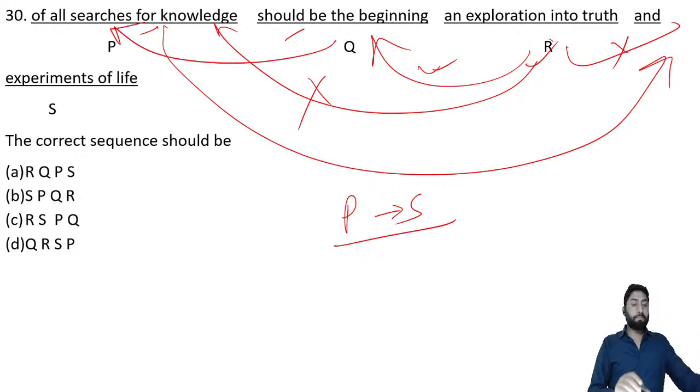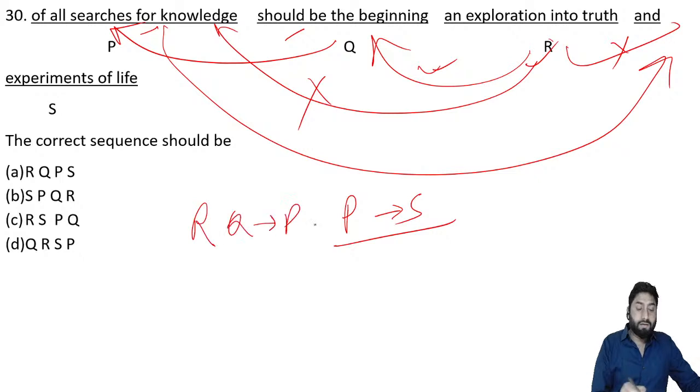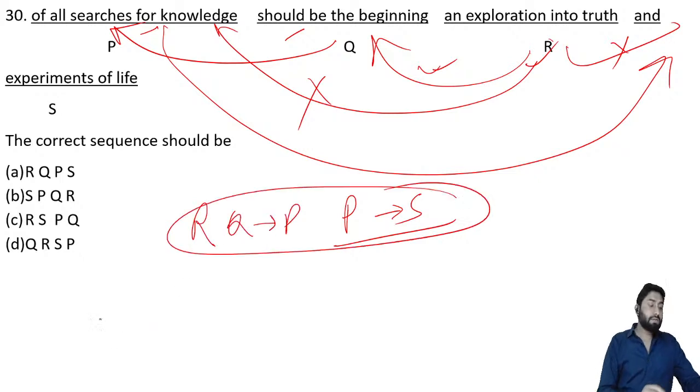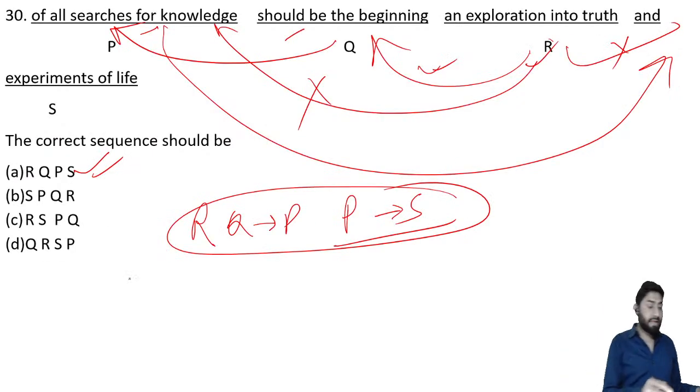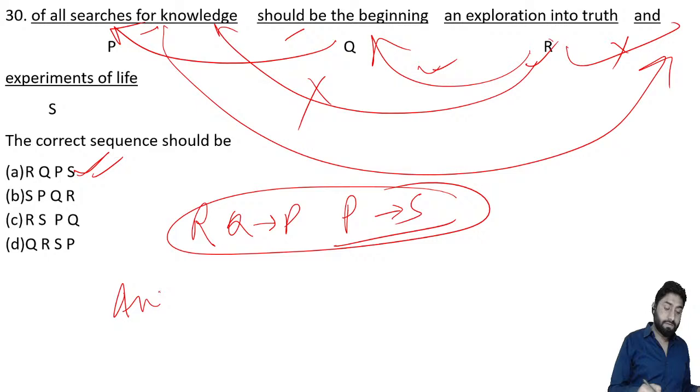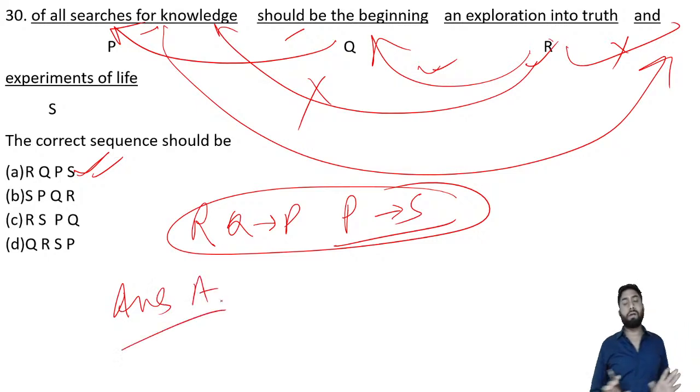So, PS, R Q and then P. That's what it is. So RQPS, that's the option, right? If you do the mandatory pairing, A is the correct answer. So answer is A.